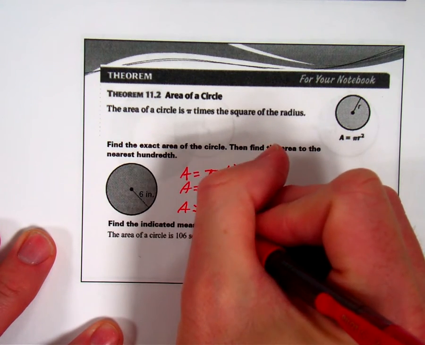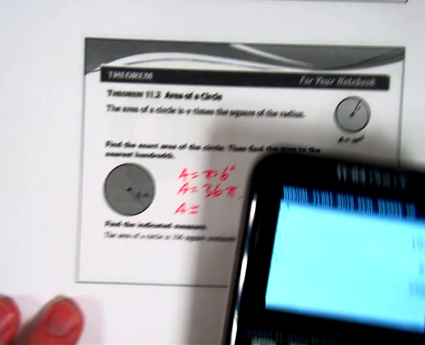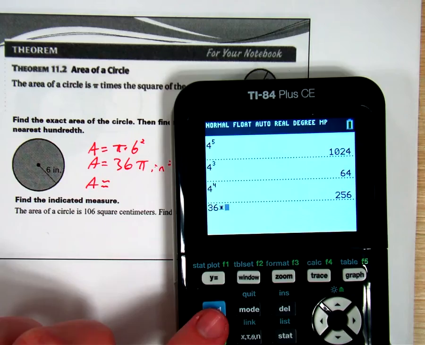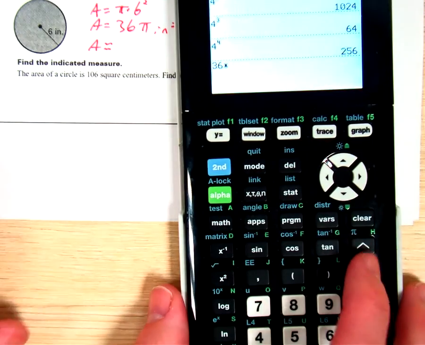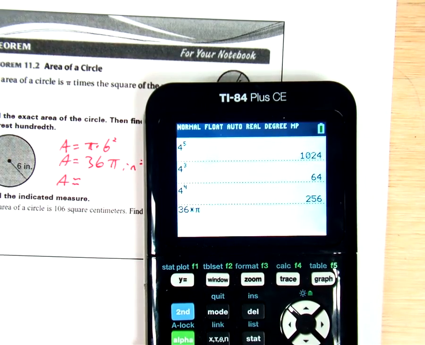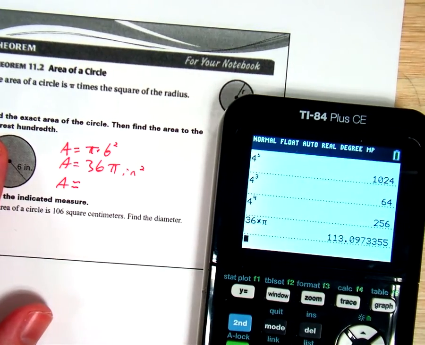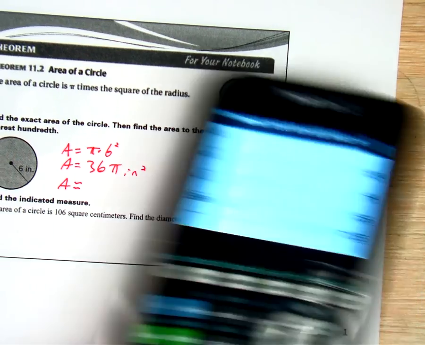And then if we approximate it, we would type that into the calculator. 36 times pi is usually going to be a second function, and then on the graphing calculators, it's your power arrow key there. 36 pi. 113, what are we supposed to round to? Nearest hundredth. Okay, that's going to round that up to a 1, so 113.10.